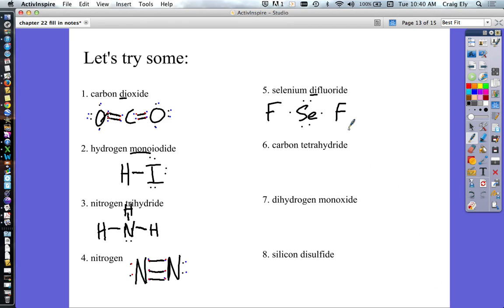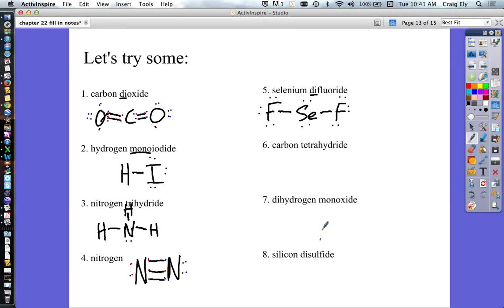Well, fluorine has 7 valence electrons, so fluorine can only have 1 covalent bond. So that means I can only do 1 bond in between the selenium and the fluorine. So I can do 1, 2, 3, 4, 5, 6, 7. There's my bond. 1 fluorine here, 2, 3, 4, 5, 6, 7. There's my bond there. Now I'm done.